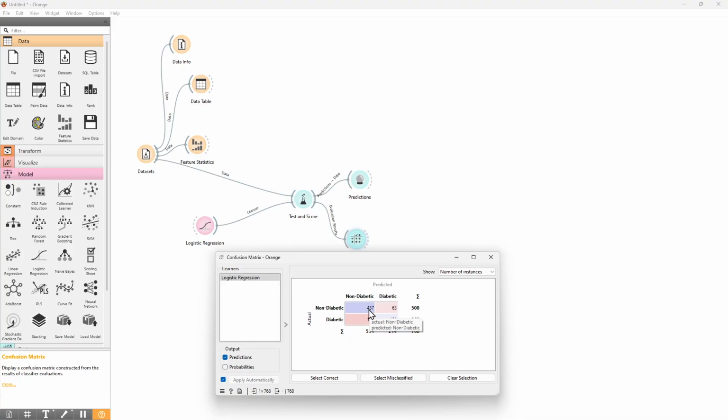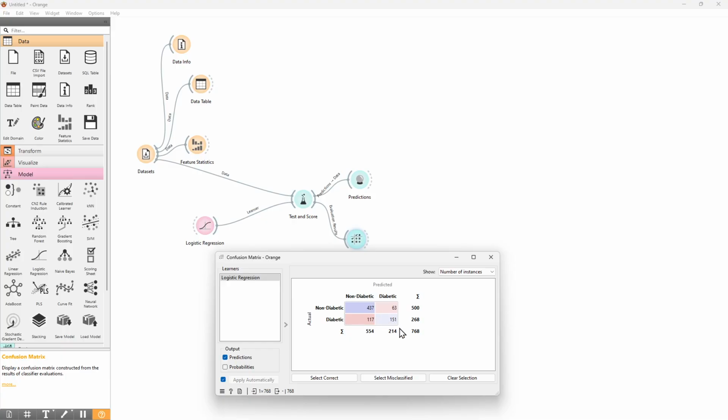Now, when we look at the intersection, this part is a good prediction because it's correctly identified, right? Those people who do not have diabetes from the row, that's the actual. When you look at the column, that's the predicted label. So they match with each other. There's 437 correctly identified non-diabetic people, and 151 correctly identified diabetic people by the model. So that's good.